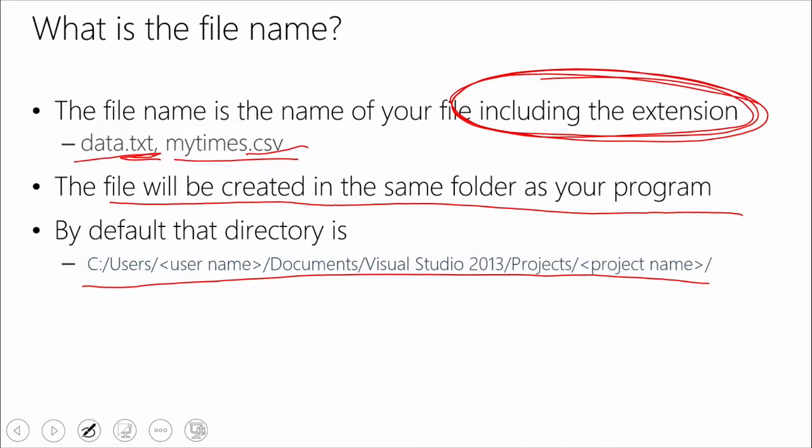In our case, we're using GitHub for all of our files, and as a result, Visual Studio is actually putting this in a different location. It's putting it into C:\Users\your username\source\repos\ and then the name of the project. So where it is can be a little bit tricky.